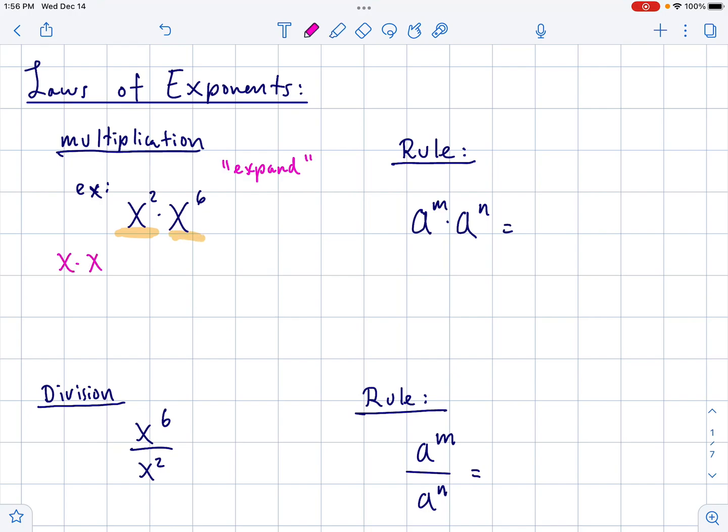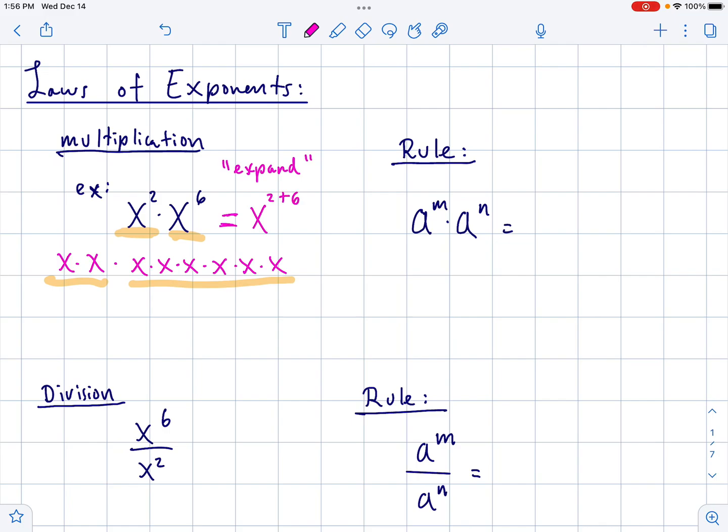So, if you are to expand x squared times x to the 6th, the x squared part is just x times x. And then x to the 6th is 6 more x's. So x squared is just those 2 x's, and then x to the 6th is 6 x's. And now if you count up how many you have for a grand total, you have 8 x's.